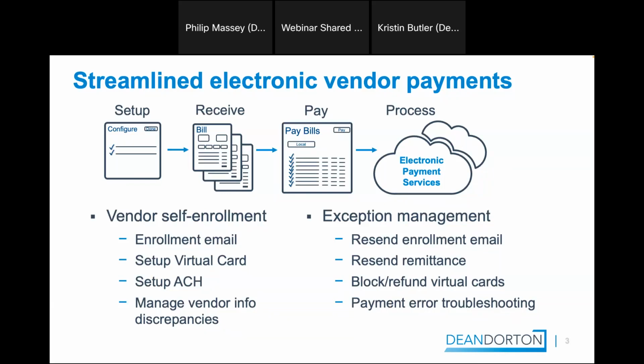And then on the right, exception management. I think this is really nice to add these things. You would think maybe they should have been there from the beginning, but it is nice to listen to the feedback and get them in there nonetheless. So the ability to resend information directly from the system, the ability to control any virtual cards that you might have within the vendor payment services, and then much more detailed payment error troubleshooting.